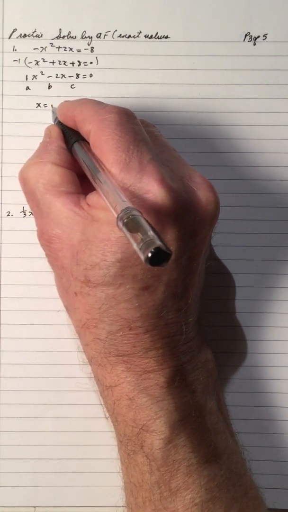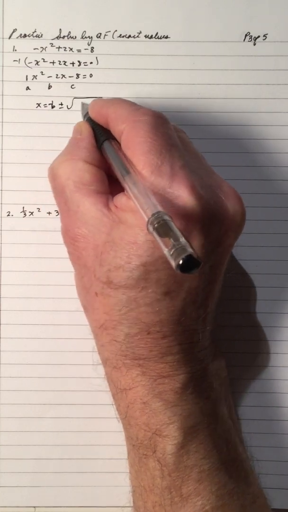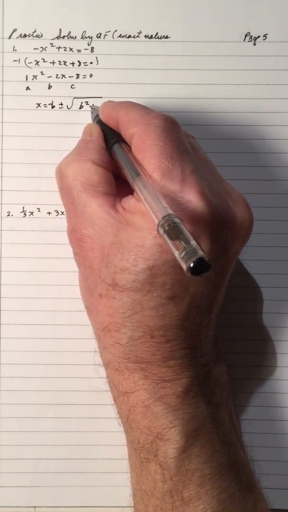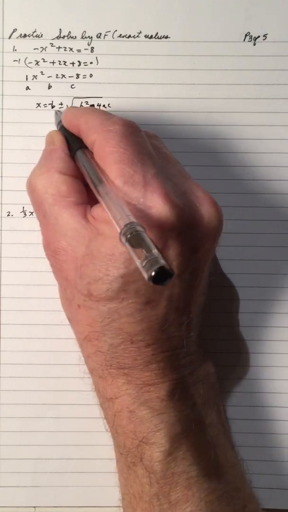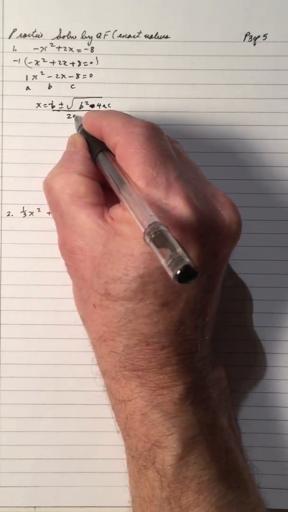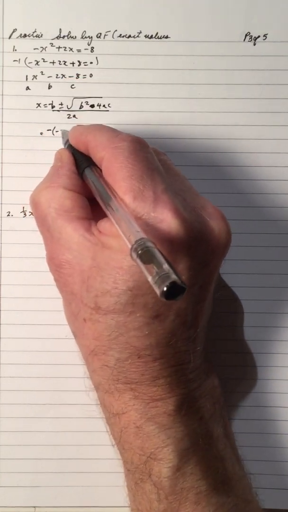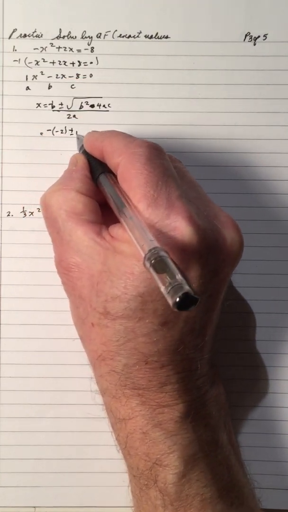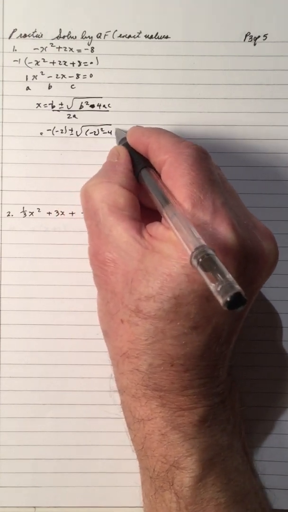x equals negative b plus or minus square root b squared minus 4ac all over 2a. So b is negative 2, so it's the negative of negative 2 plus or minus negative 2 squared minus 4.